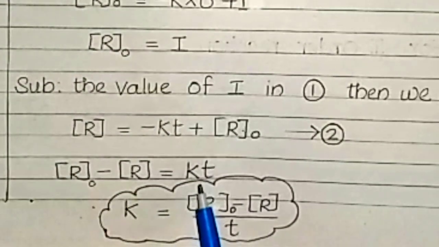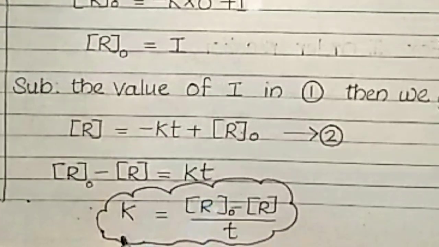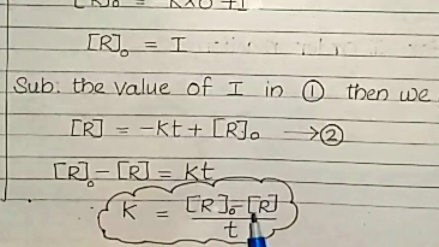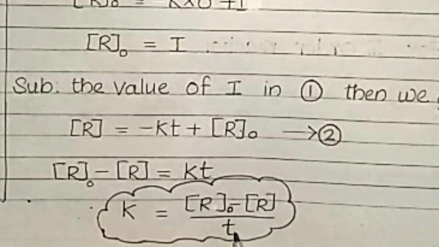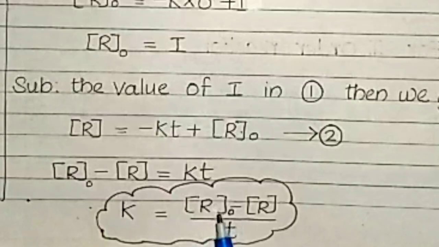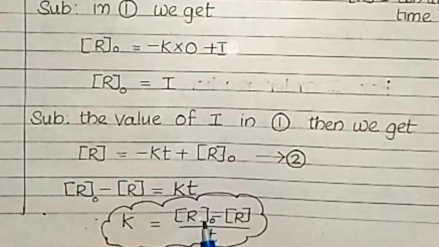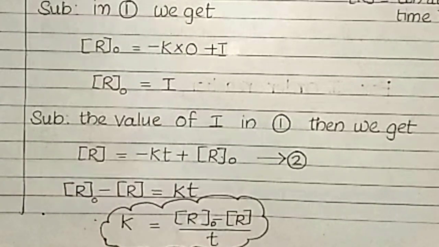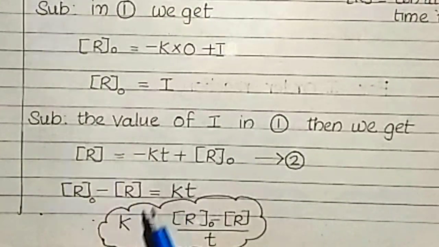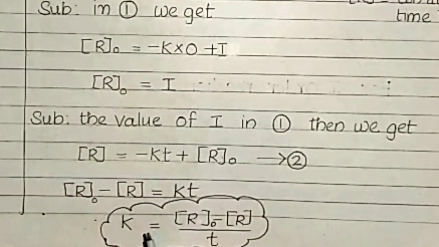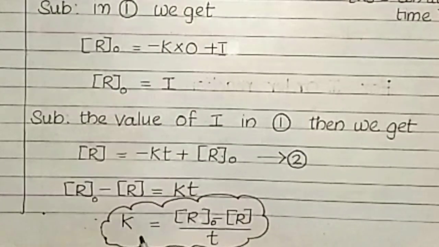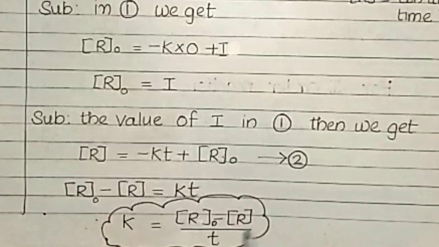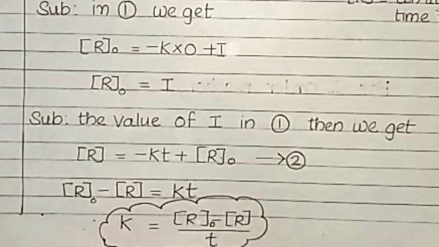Then from this equation we can write K is equal to concentration of R0 minus concentration of R by t, where K is the rate constant, R0 is the initial concentration, R is the concentration at a particular time t. So this is the expression for the rate constant for a zero order reaction.